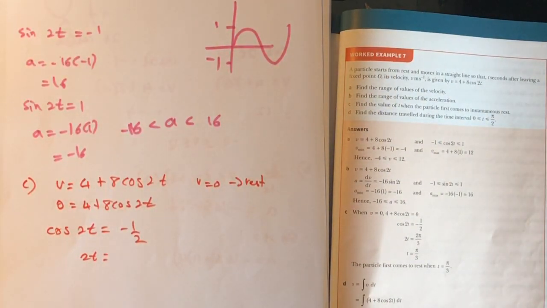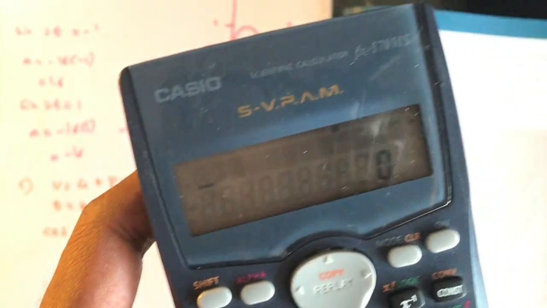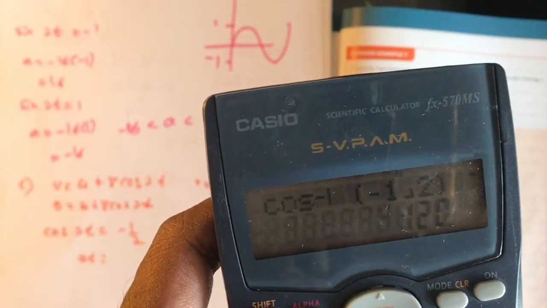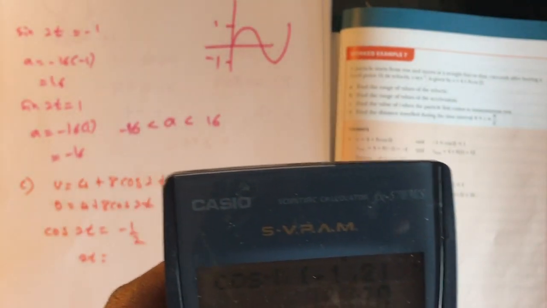You can straight away press shift cos of negative 1 over 2 on your calculator. There's no need to find the other one, because we are doing velocity, not finding other possible values.